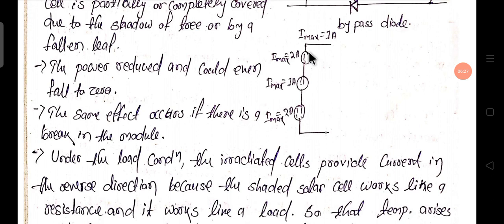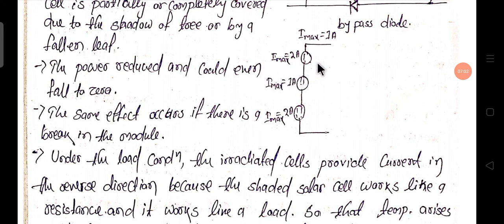So the series circuit current is that of the weakest solar cell, which produces 1 ampere. This is the weakest solar cell since it produces less current.